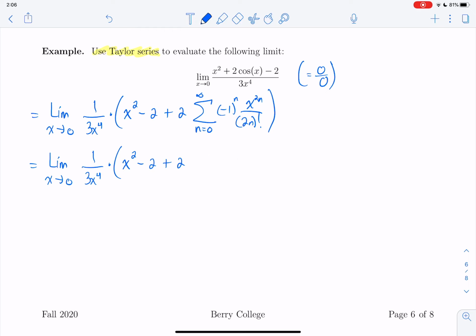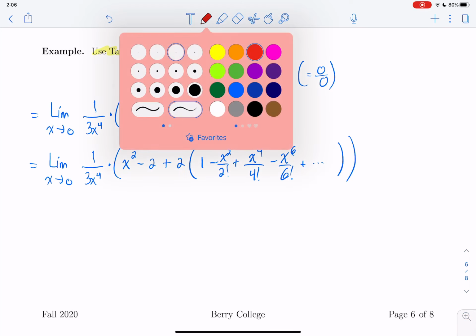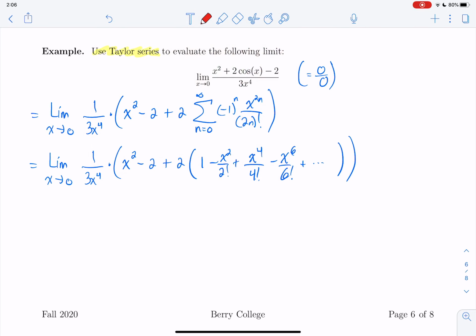This is going to be 2 times the series for cosine, which is 1 minus x squared over 2 factorial plus x to the 4th over 4 factorial minus x to the 6th over 6 factorial, etc., only evens. The key observation here being with this expansion, we see that this 2 will cancel with the first term of that series.